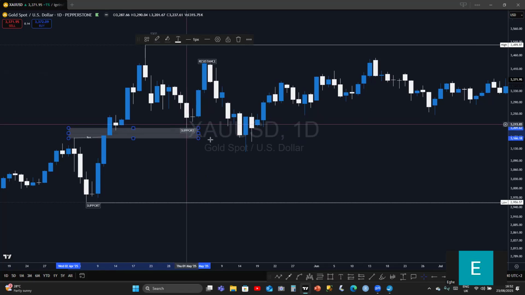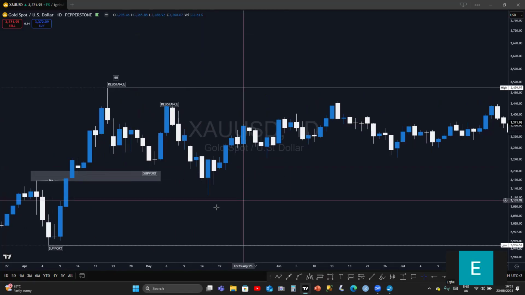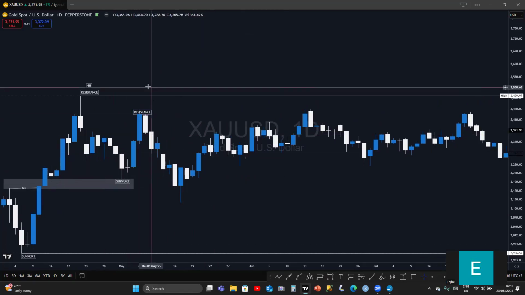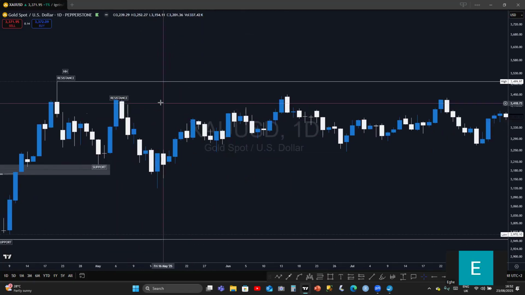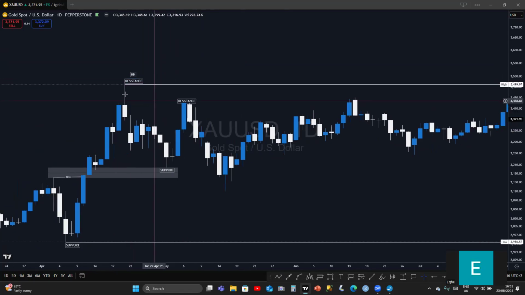This is where you should enter to join and push price to the upside. Once it breaks this structure again to the upside, you wait for your take profit, or TP, like I've taught you before. Once you enter from here, you are supposed to target this high because you know for sure that price is supposed to violate this high.